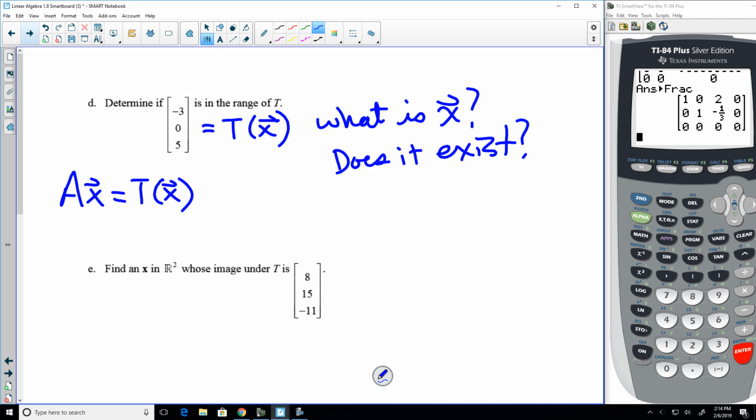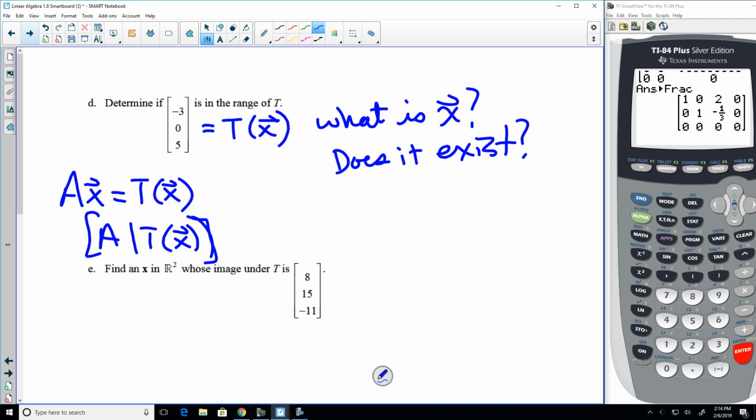So how do you figure out if there's an X? If you knew this matrix and you know this vector here, how do you find X? You augment and you row reduce it, right? See if there's a solution.